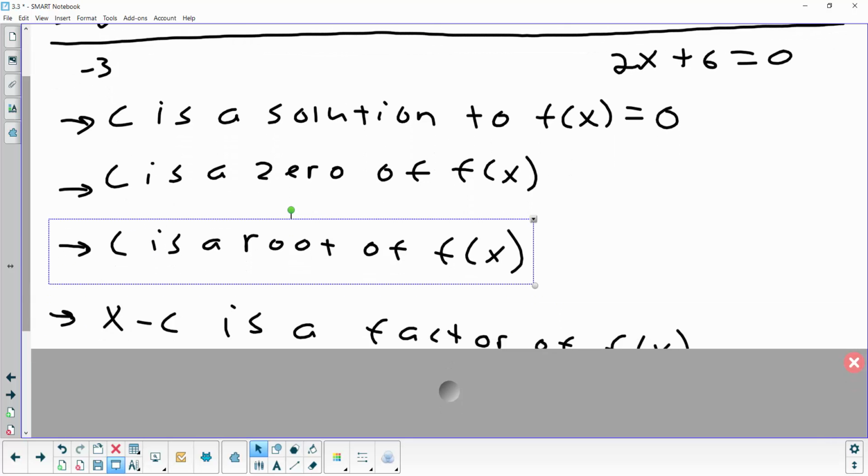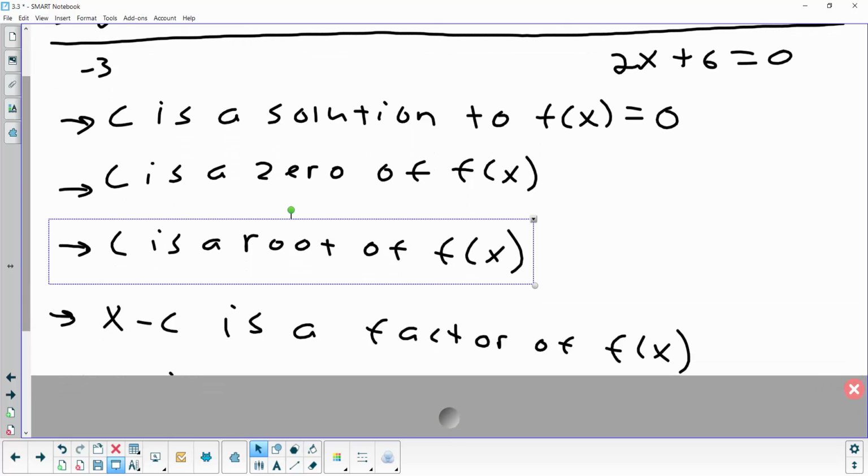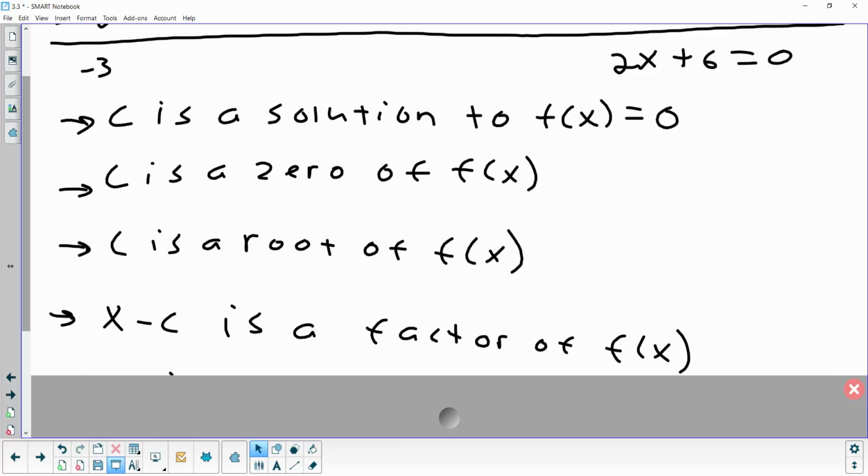And the next one, this is the most important one, is if you know that a certain number is a root, then x minus that number has to be a factor. Think about that in terms of a quadratic. I think I used this example earlier.